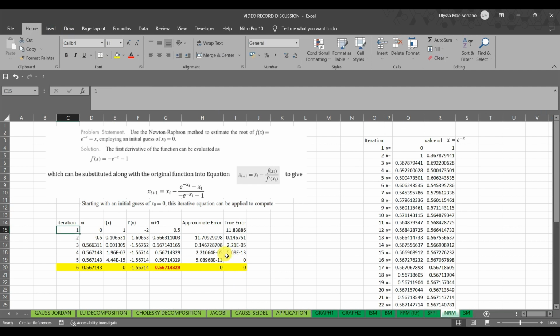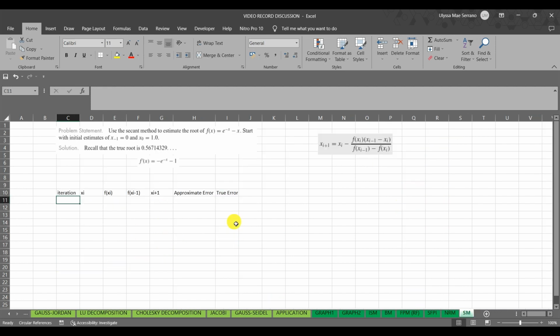So in order to have consistency with the initial guess, which is represented as x sub 0, we're going to start the iteration for the Newton-Raphson at iteration 0, until the last iteration wherein the approximate percent relative error and the true percent relative error are equal to 0.